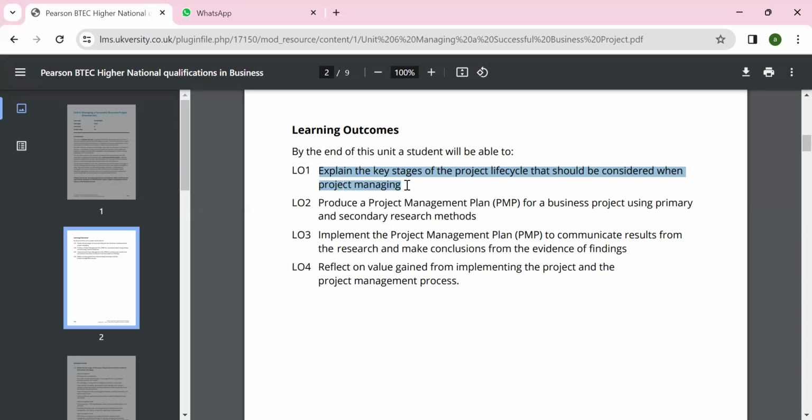Without a plan, it is like you don't have a navigation system. You don't know which way to go, you're in the middle of the sea, you don't know the direction. That's why the project plan is very important. Then lesson 4, which is LO4, reflects on the value gained from implementing the project and the project management process. That will be all in our discussion.